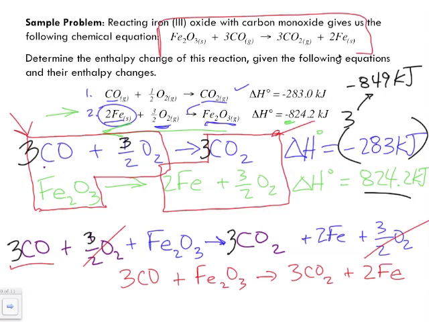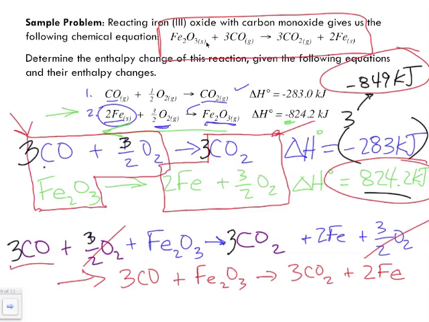So if we look at our target equation, we got our target equation by adding the 2 reactions. Now, to find the actual change in enthalpy of this reaction, we're going to take this value here and add it to this value here.